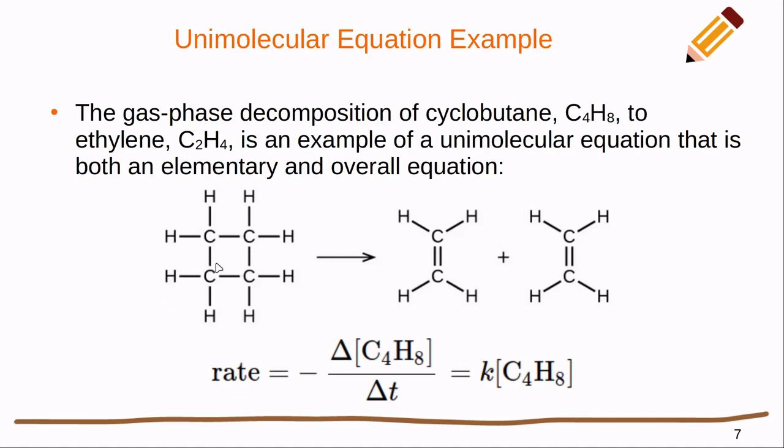Now, because this is the elementary reaction, before we wouldn't have been able to simply say that the rate is equal to k times the concentration of the cyclobutane. But because we know that this is the way that this goes, and it's just a simple elementary equation, we can now make that claim directly. All right.